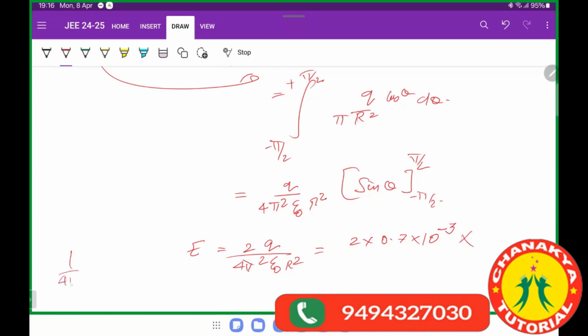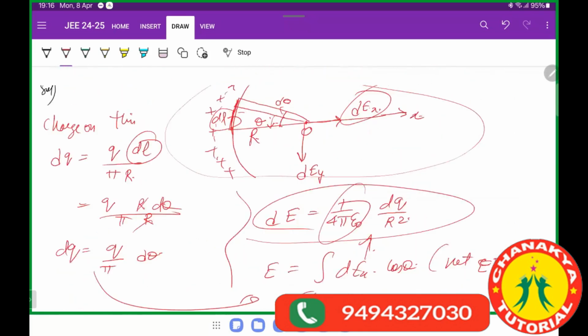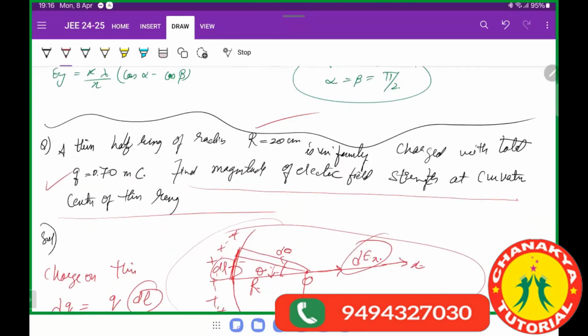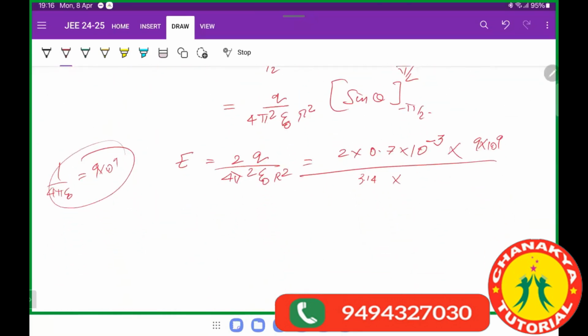And 1 by 4 pi epsilon naught equals 9 into 10 to power 9. We saw this last class. So 9 into 10 to power 9 divided by what we left here? Pi means 3.14 into radius. Radius was how much? 20 centimeter, so 0.2 square. Solve this. That's the answer.